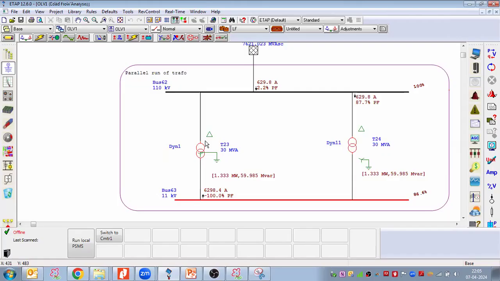So in this particular case, even though this is a transformer, this transformer is a source, but this one is working as a load.